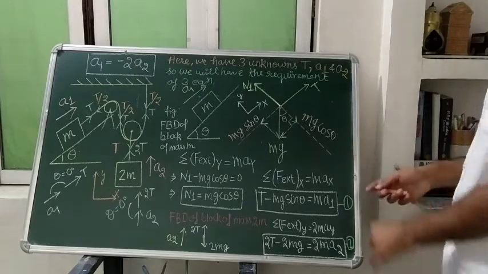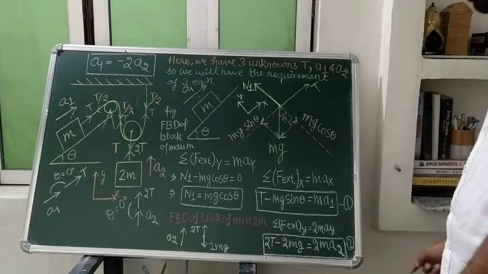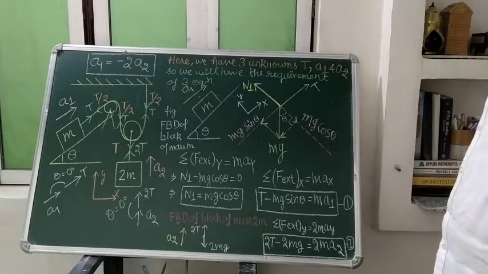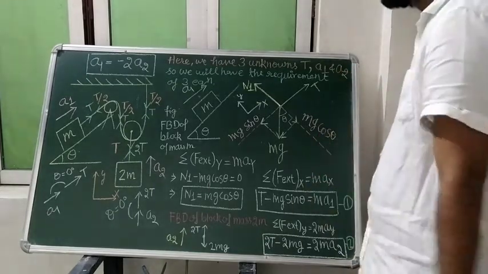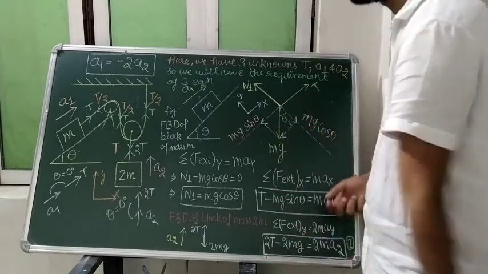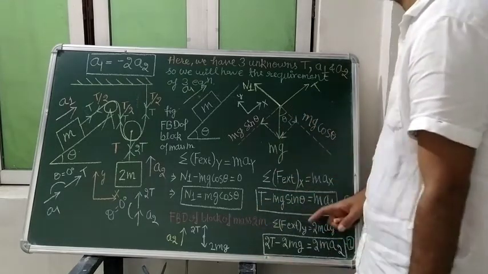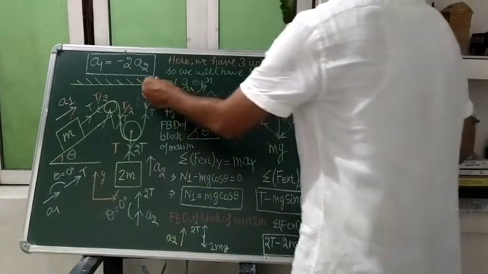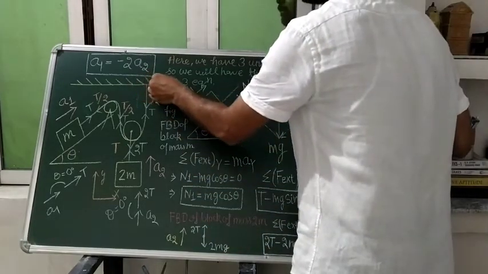We will need one more equation, and then only can we find the three unknowns. From the short trick or from the traditional method, whatever you want to apply, you will get the third equation.